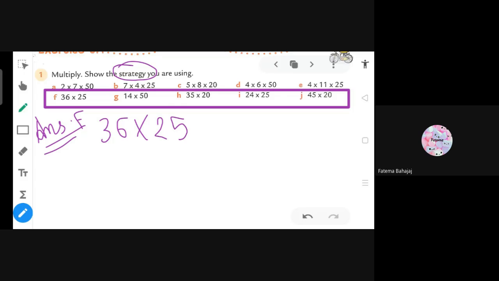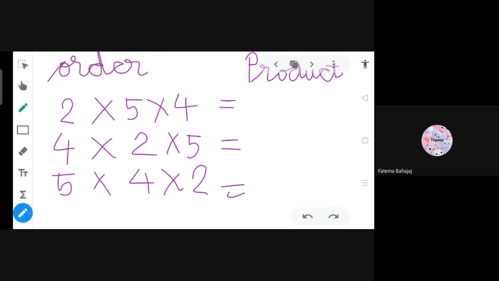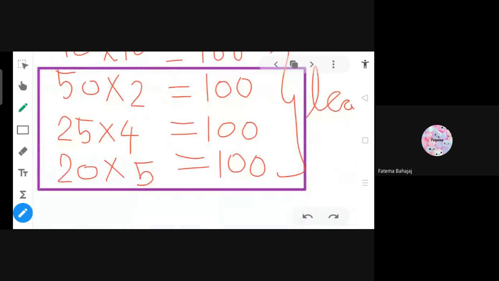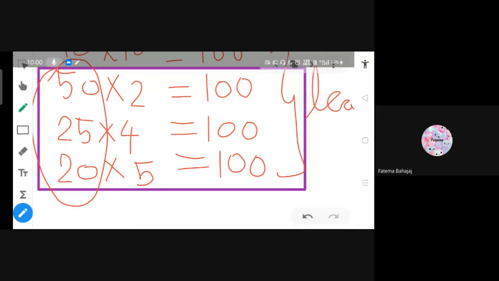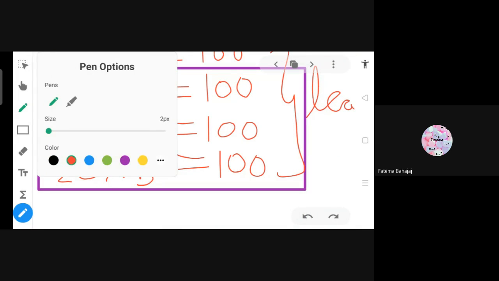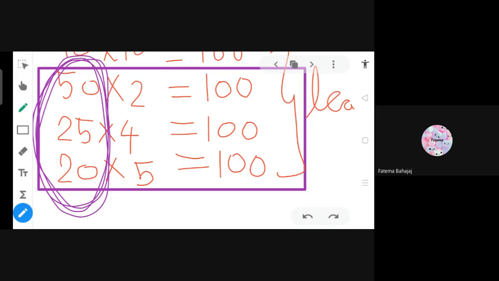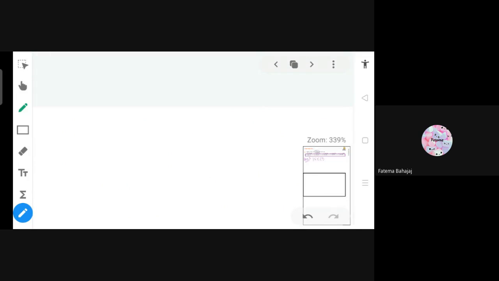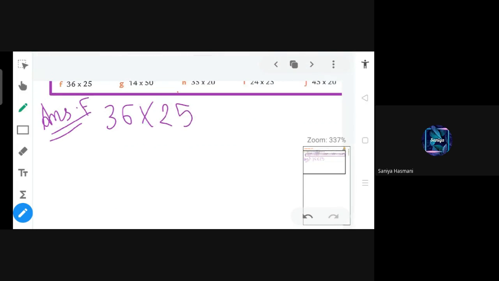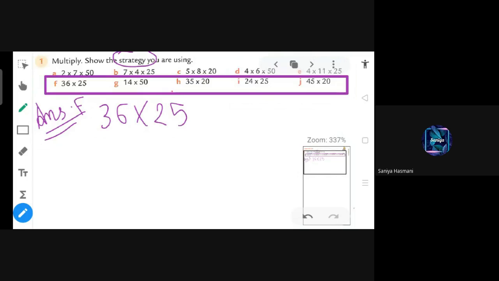So here you can see we are using the shortcut trick, and what is the shortcut trick when two numbers are given? First we have to see numbers from this pair, these numbers: 50, 20 and 25. Which of these numbers is given?